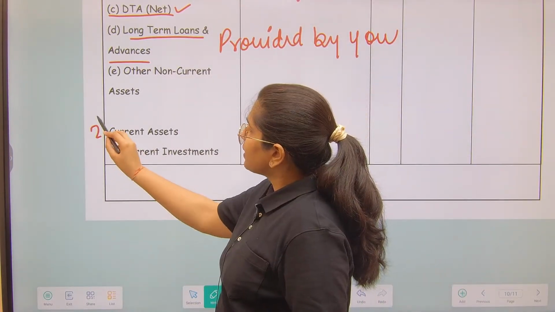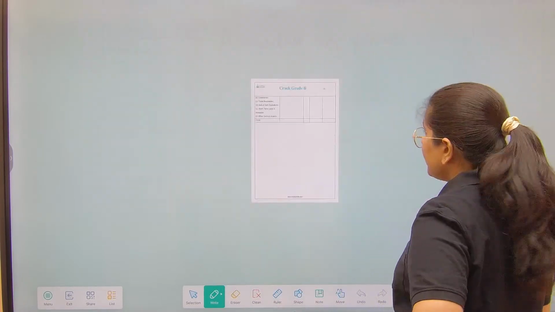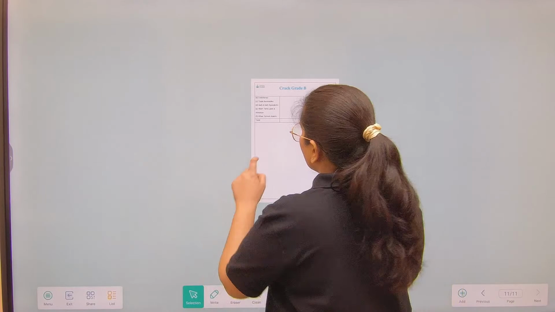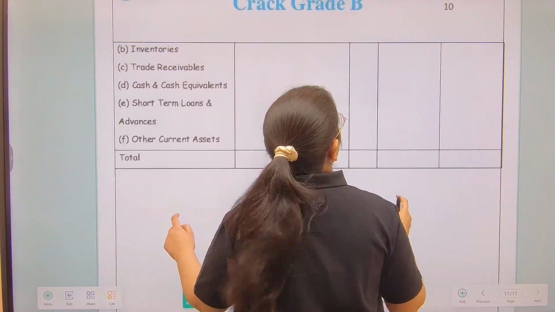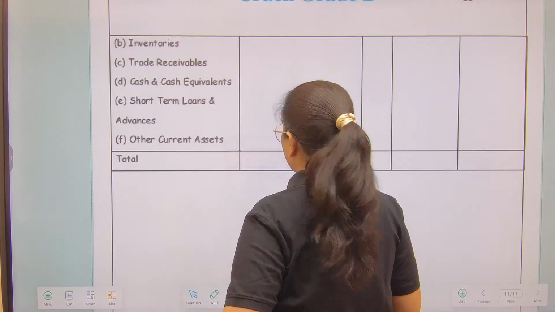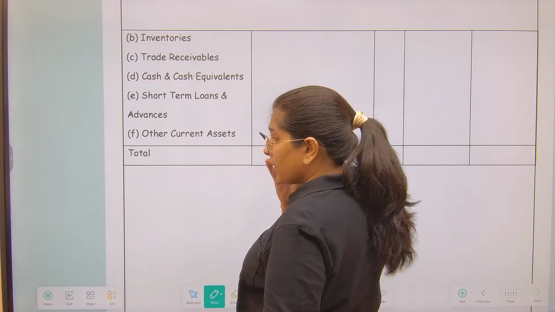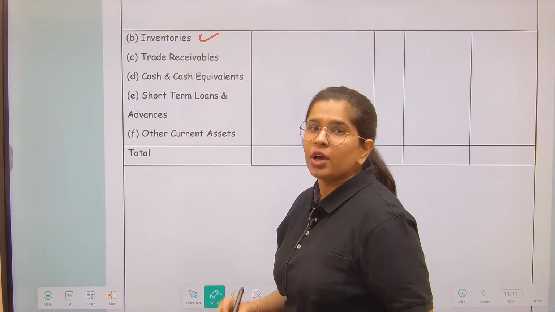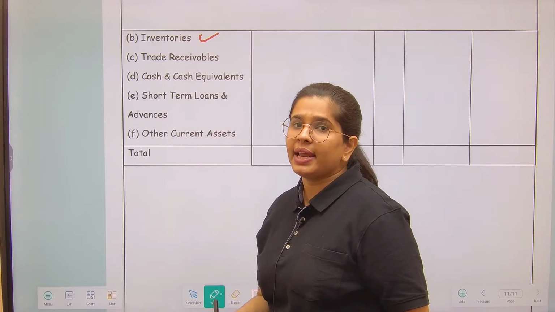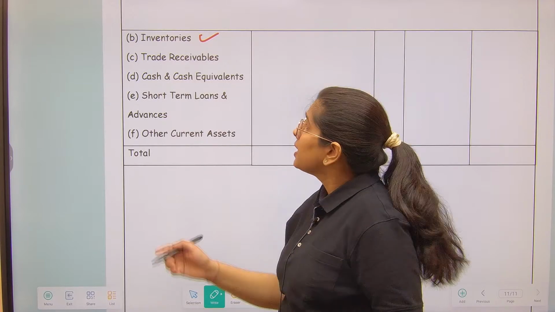So current assets, number one thing is current investments. Current investment means any kind of investment that you aim to hold for a period of lesser than 1 year. So that will be classified under my current investment. Inventories are there, also called stock in trade. This is the stock which you are using on the daily basis to do sale and purchases in your business.